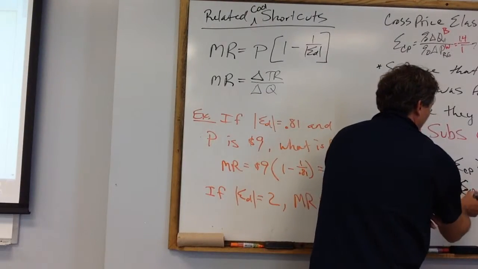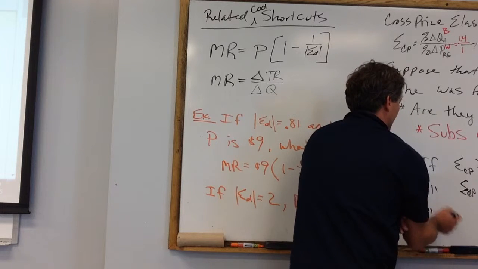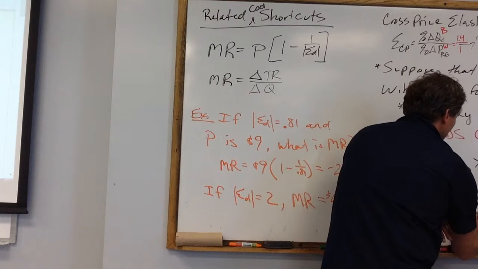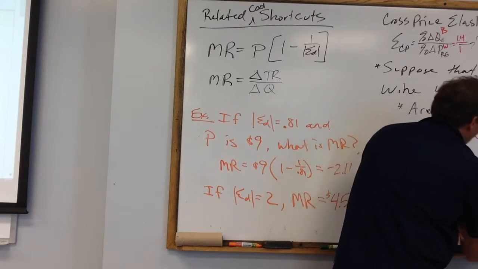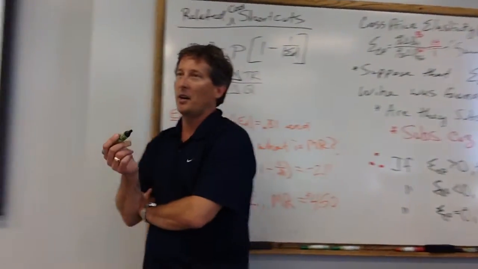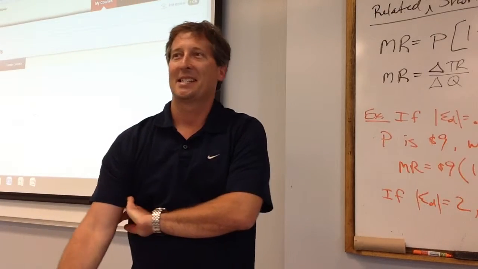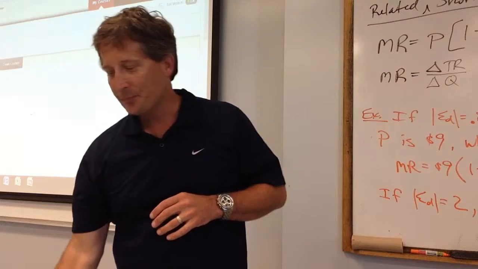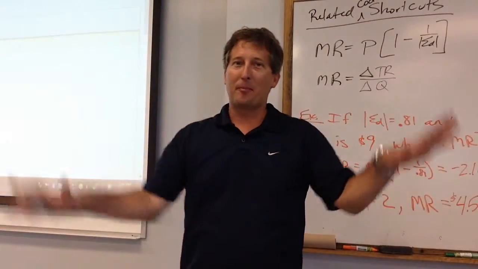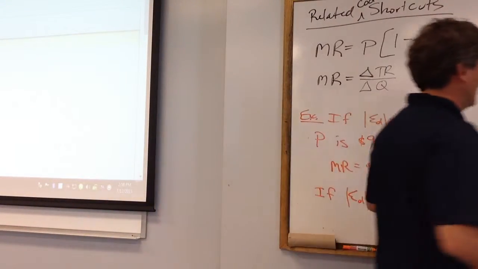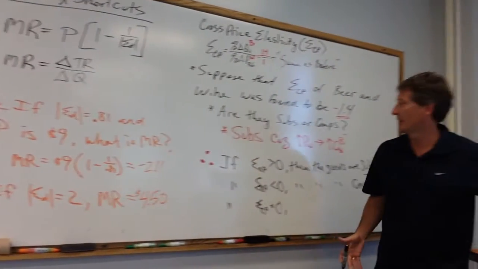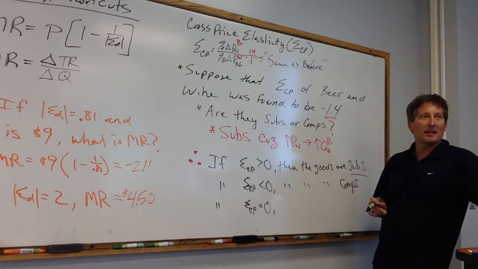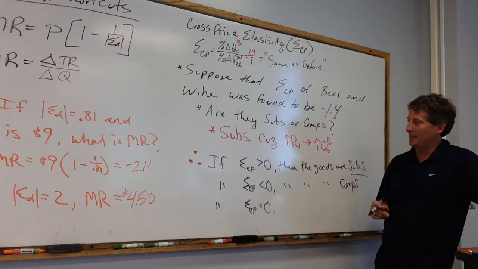And then I don't want to ignore the last possibility, just to complete the set here. If the cross-price elasticity is equal to 0, then the goods are... so 0 is kind of our anchoring point. Not the same, but I think you're on the right track.